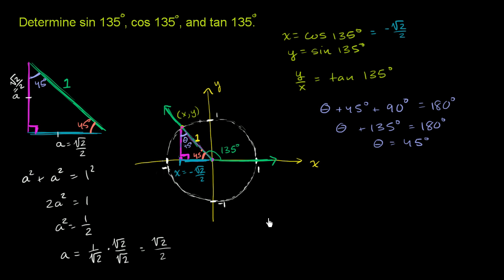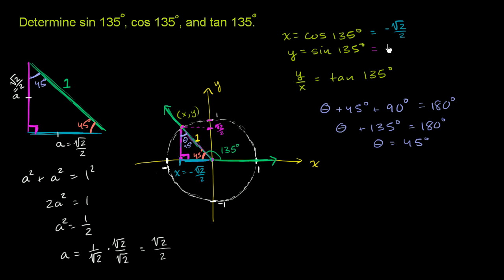Now what's the sine of 135 degrees? Well, we already established that's the y-coordinate, and the y-coordinate literally is just the height of this magenta side, and we just figured out that that is square root of 2 over 2. So this point right over here has a y value of square root of 2 over 2.